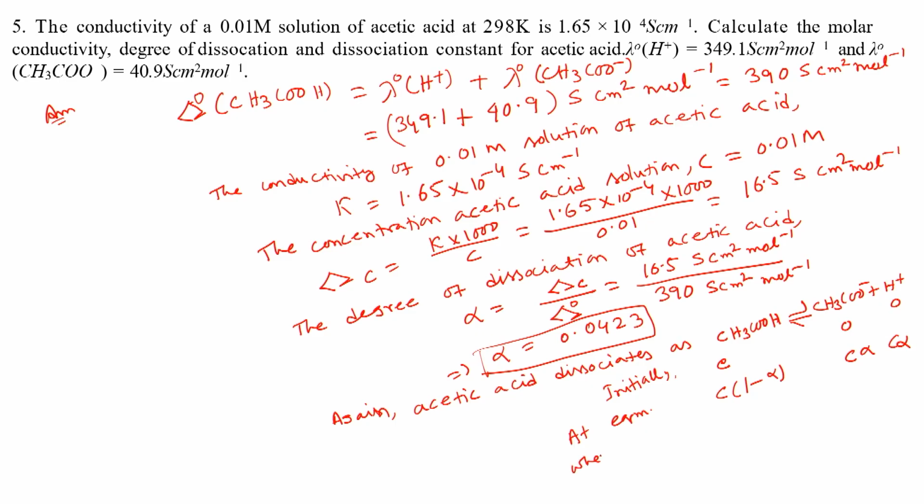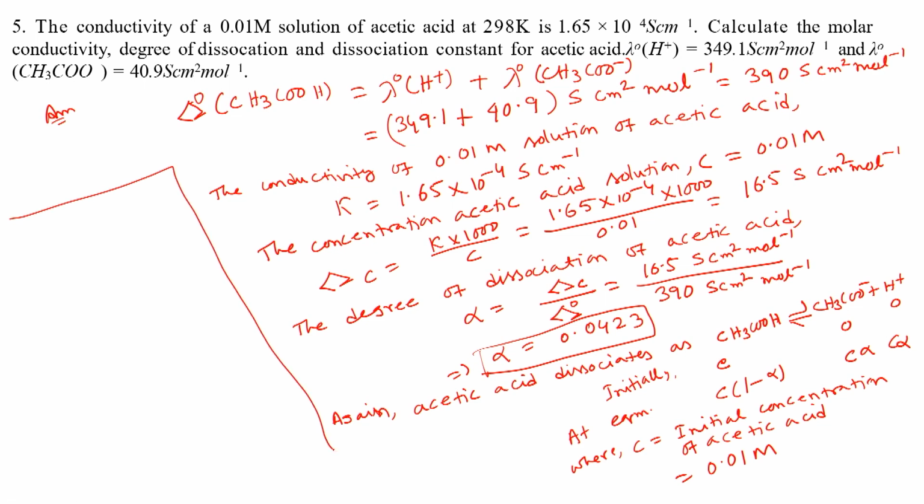So, where C is the initial concentration of acetic acid. And here the value is also given, this is 0.01 molar. And alpha, as we discussed, is the degree of dissociation of acetic acid, okay, that we also calculated.